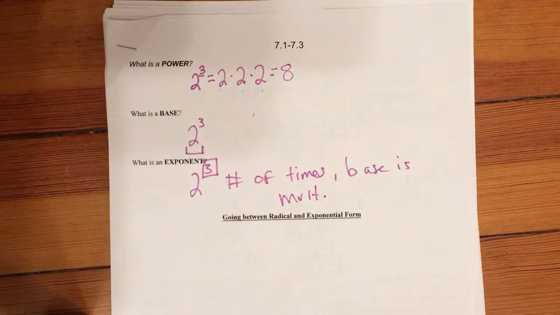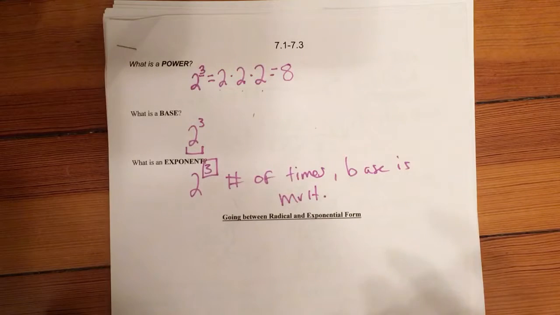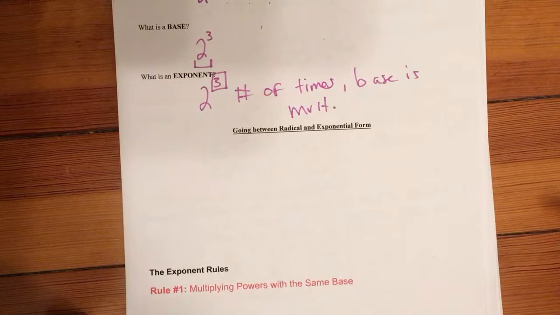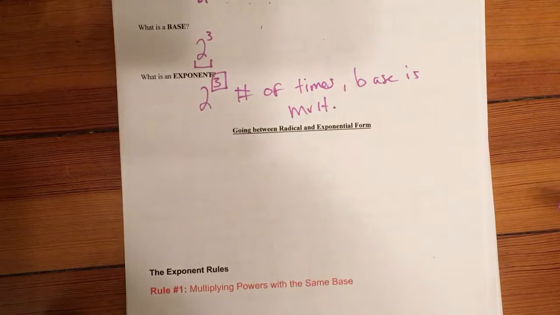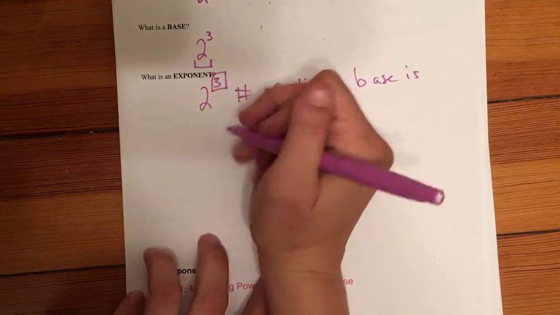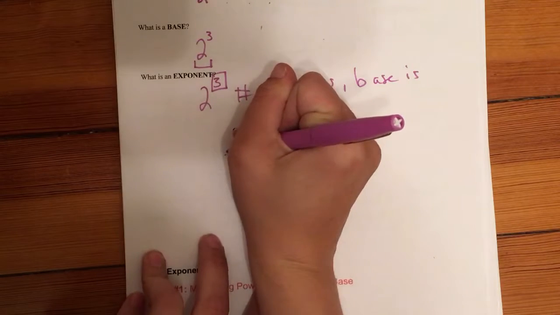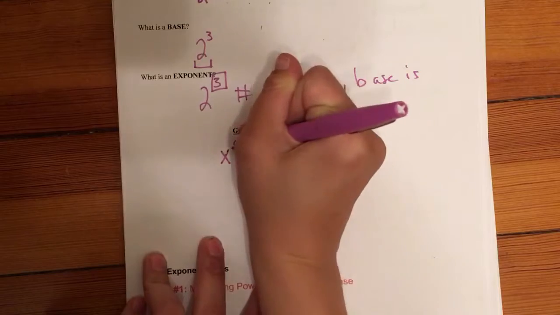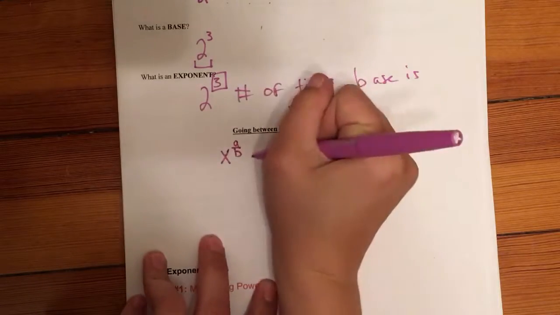So we're going to be working with some powers and exponents over the next couple of days. Before we do that, we're going to go ahead and talk about going between radical and exponential form. So we have two different ways to write powers. The first one, let's say we have x to the a over b.